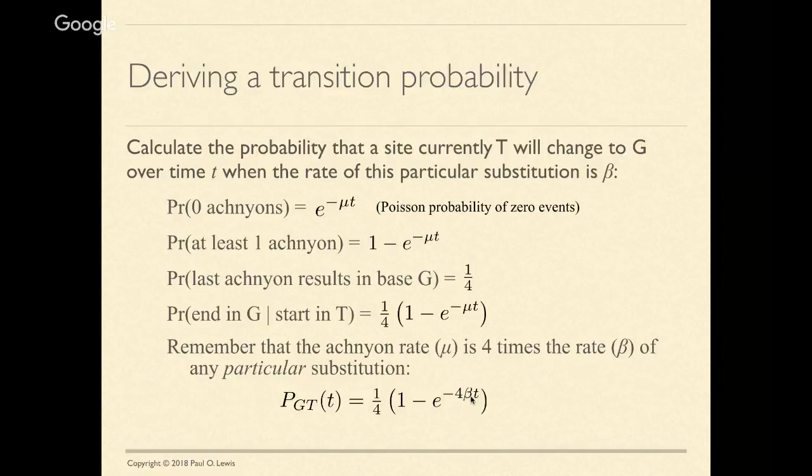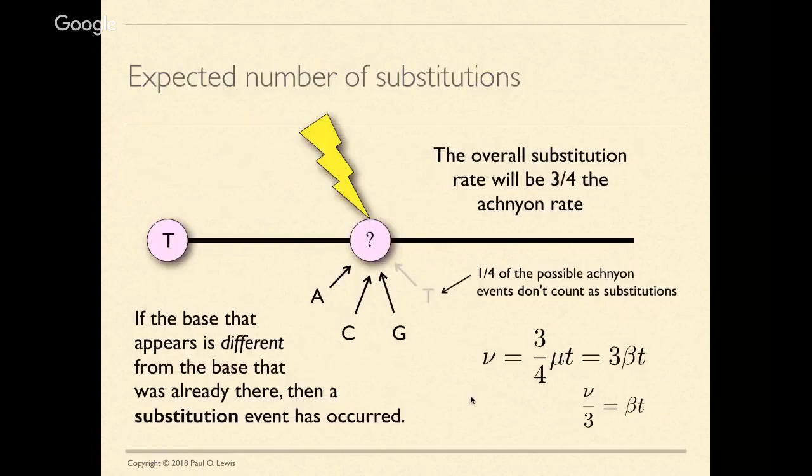If we note that the overall rate of substitution will be 3/4 of the acneon rate, then we can write v equals 3/4 mu t. So whenever there's an acneon, 3 of the 4 possibilities result in a substitution. So the expected number of substitutions is 3/4 the expected number of acneons.